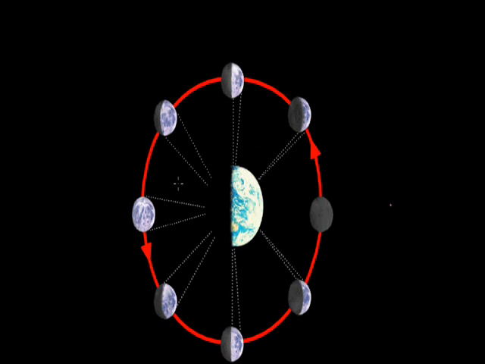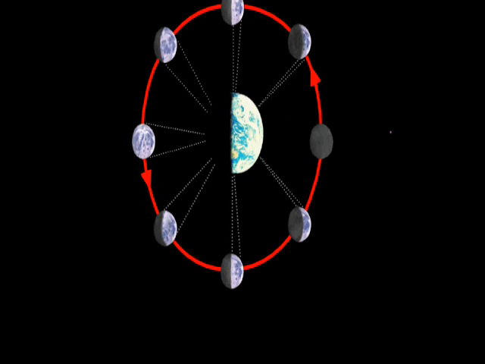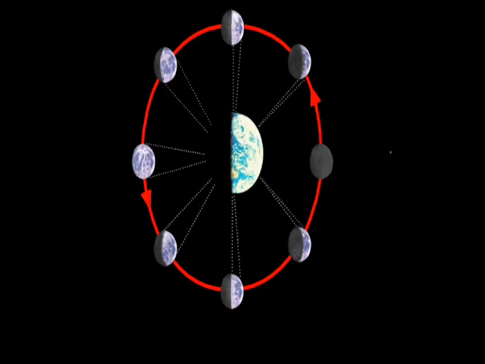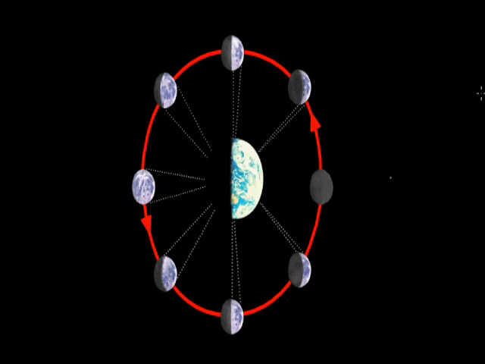So we have a picture, and in that picture we will discuss how these phases come into existence. See, to this side we have the sun.